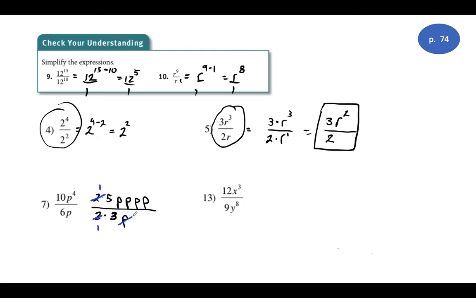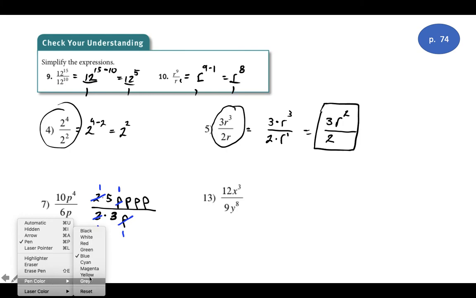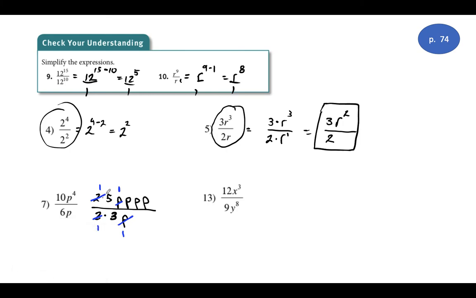I can cancel this p with this p. And what I get is, in the numerator, 5 times 1, 2, 3 factors of p is 5 times p to the 3rd power. And in the denominator, 1 times 3 times 1 is 3. That is your answer. So not only do you have to divide powers, you also have to simplify fractions at the same time. You can do it. It's not that bad.